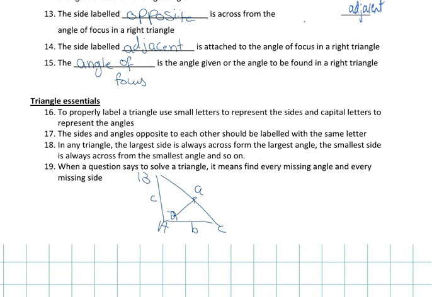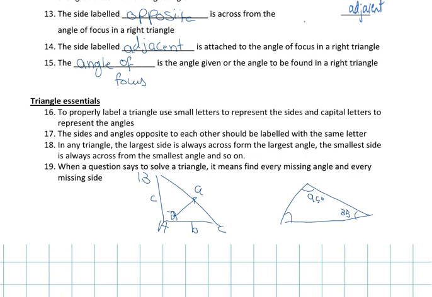And then the smaller angle will have the opposite smaller side. So let's say I have another triangle here, and this is 95 degrees. Let's say this is 35. So this is 130 degrees, and I have 50 left for this one.